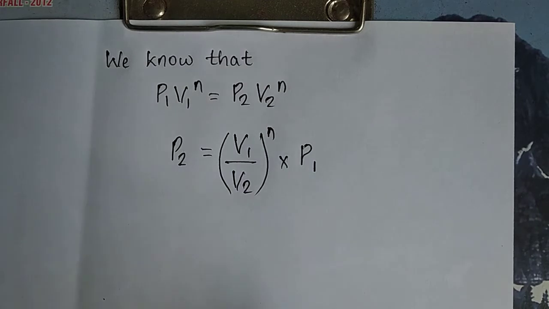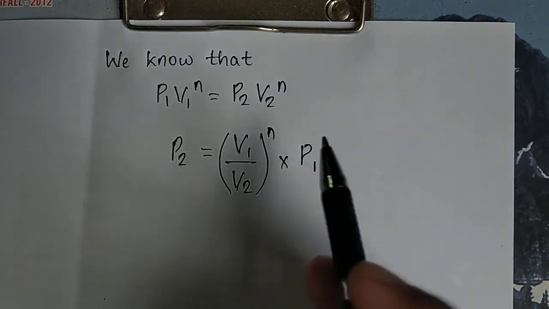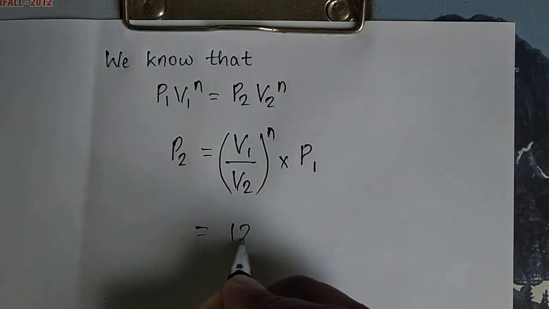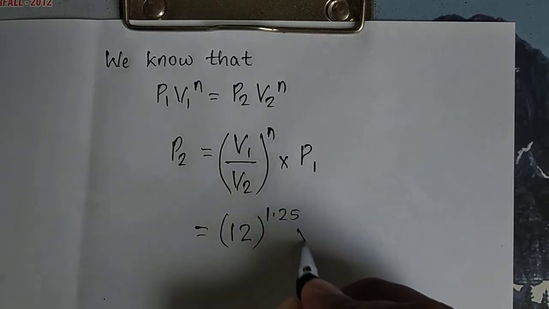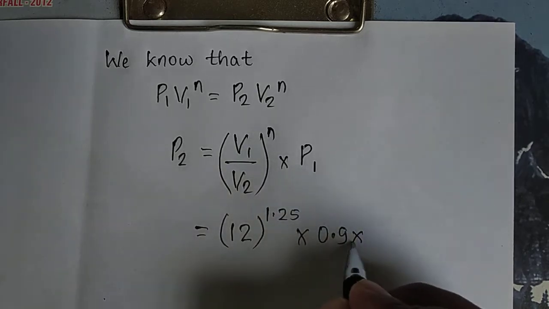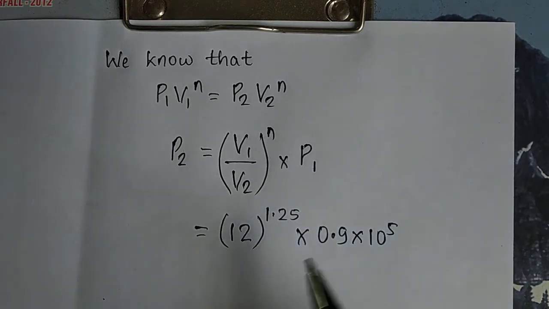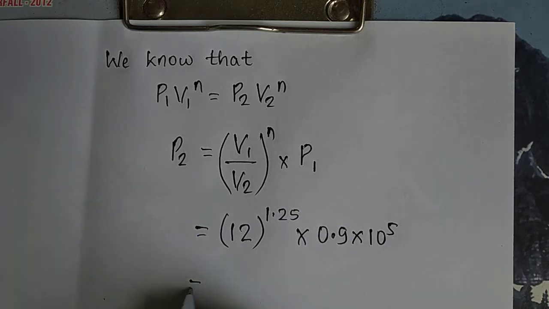The V1 by V2 ratio is given as 12, the n value is 1.25, and P1 is known, 0.9 into 10 to the power 5.